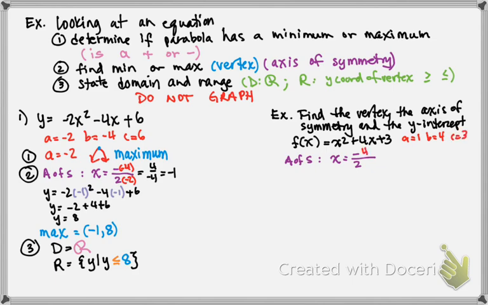So we're going to have negative 4 over 2 times 1. And we get negative 4 over 2, and that gives us x equals negative 2. Okay? And I should have written that over here as x equals negative 1. Bad me. All right, now that we have that, we can go ahead and figure out the vertex.